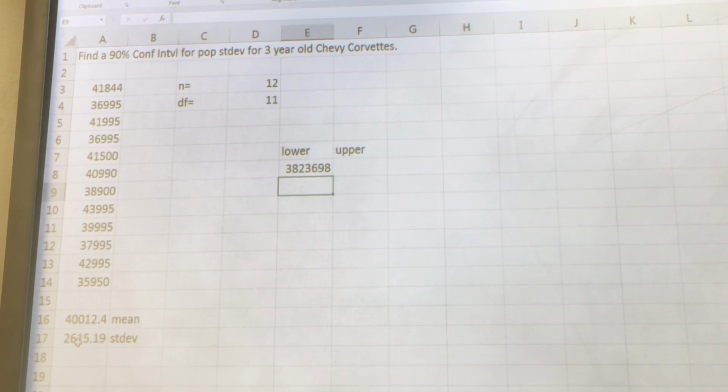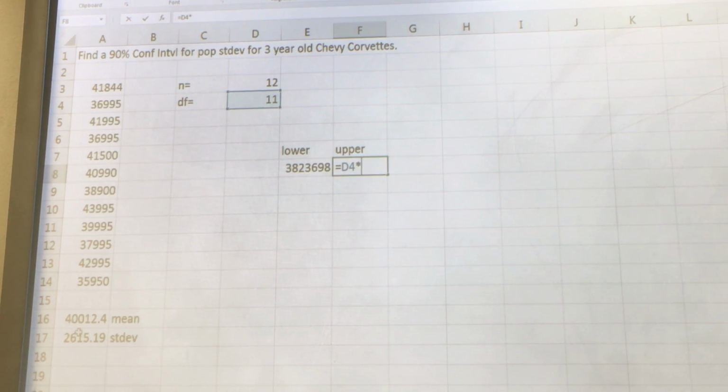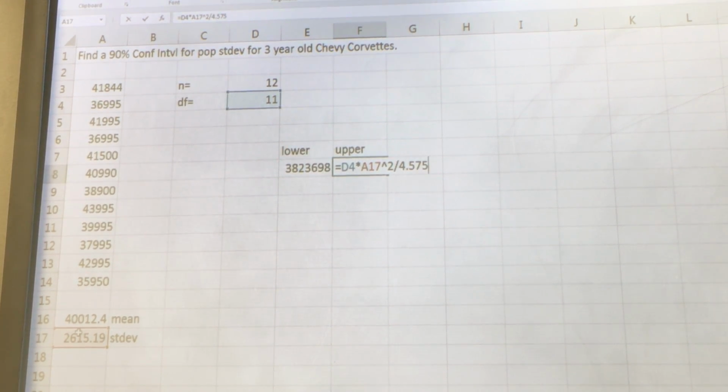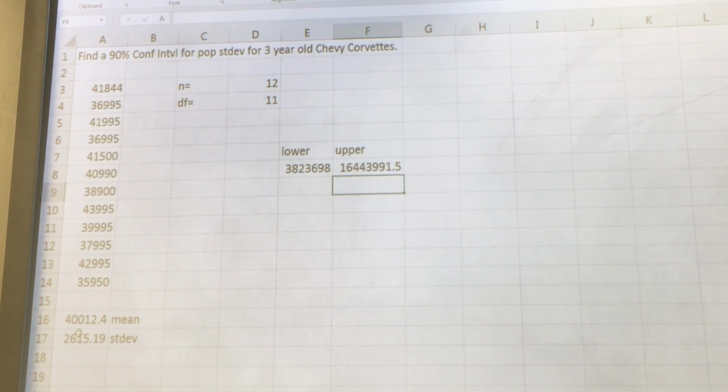That gives me a really big number. Then I'm going to take n minus 1 times my s quantity squared, and I'm going to divide that by 4.575. Now what did I just find?